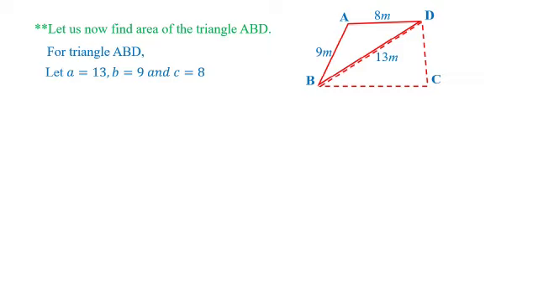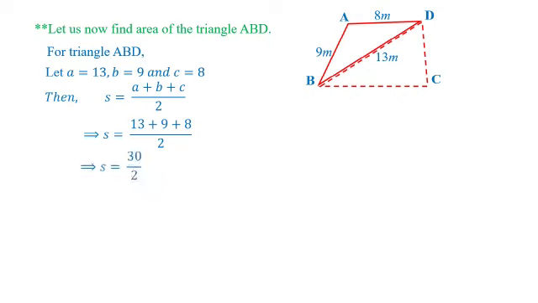The next step is to find its semi-perimeter, s, which is given by a plus b plus c divided by 2. Putting the values, s equals 13 plus 9 plus 8 whole divided by 2. This implies s is equal to 30 divided by 2, which equals 15. Therefore the semi-perimeter is 15 meters.